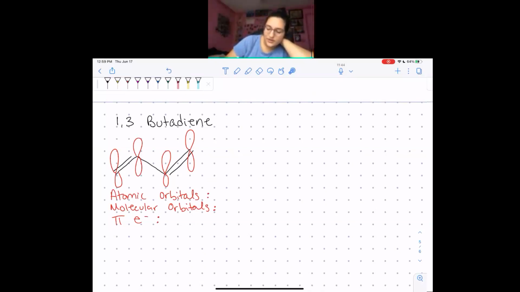So I'm going to draw the electrons in blue. And you guys told me that there's 1 per double bond. So I'm going to do this to show you that those blue electrons are each part of a double bond.